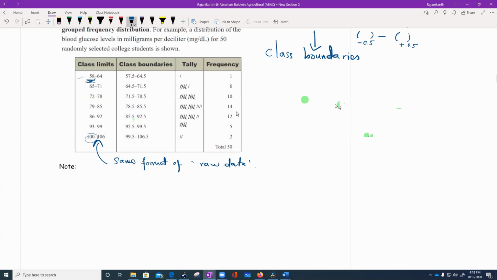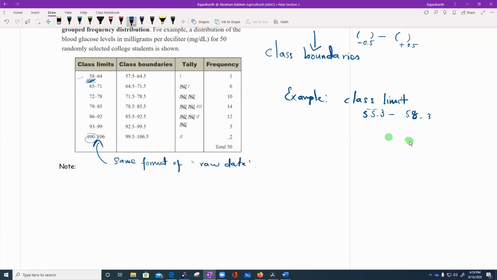So what I'm trying to say is, suppose you have a class limit, and I'm taking one class limit as an example. Say you have 5.23 to 58.3.